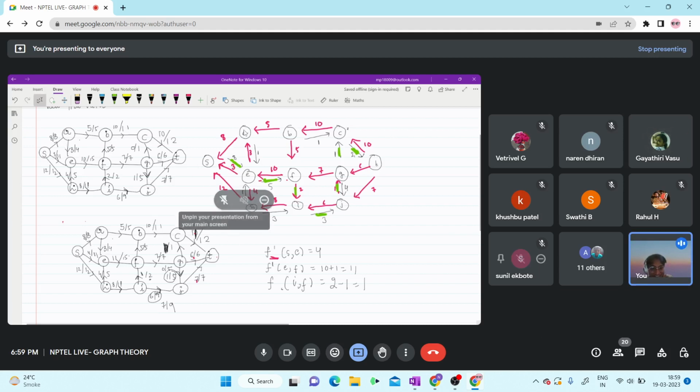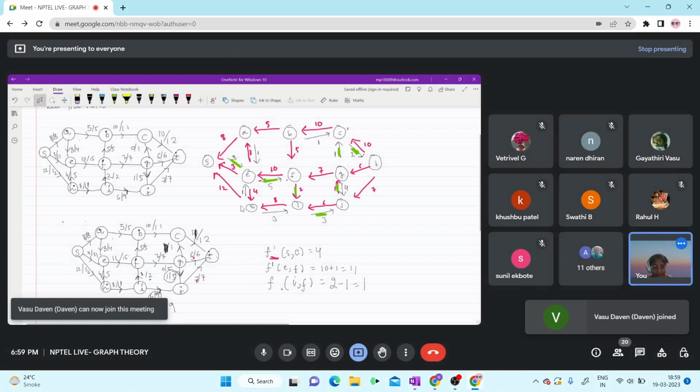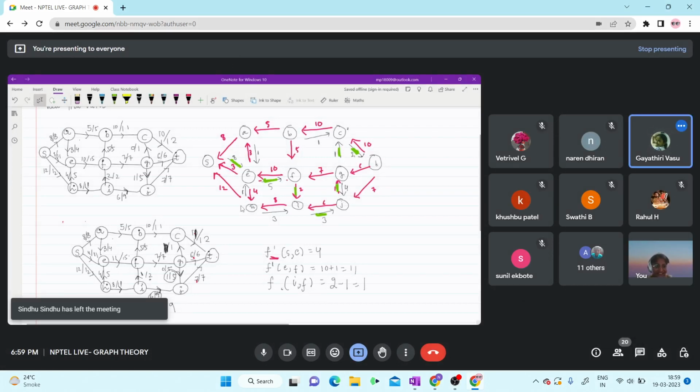When we are constructing the residual flow diagram, there are two types of edges: forward edges and backward edges. So when we are pushing del p units, we are adding path capacity to the forward edges and subtracting path capacity from the backward edges, only for the edges which are in the augmenting path. The rest of the edges are not changed.